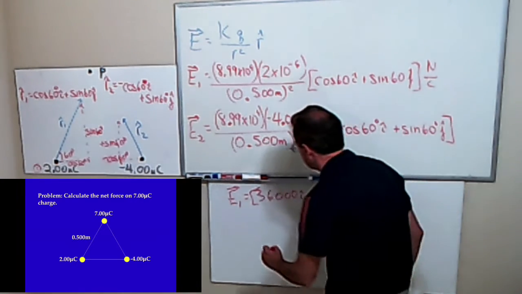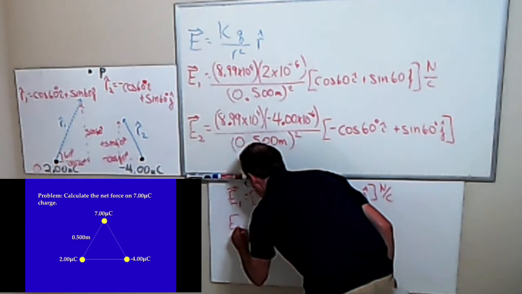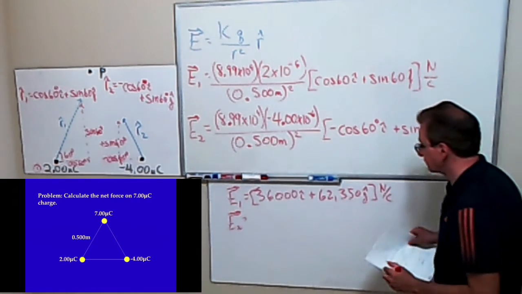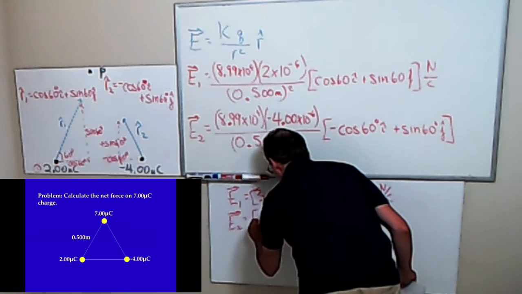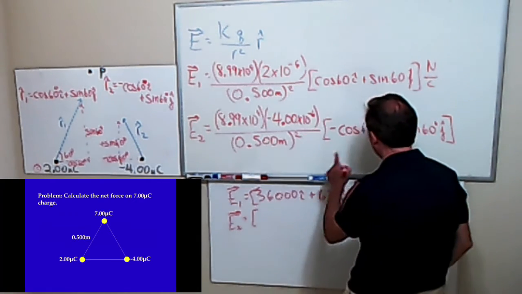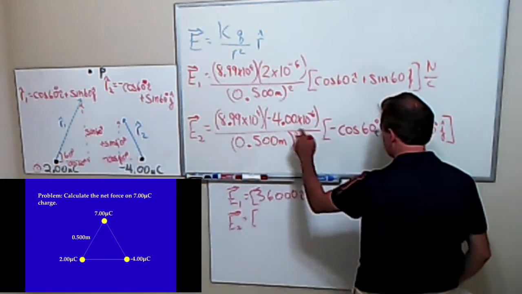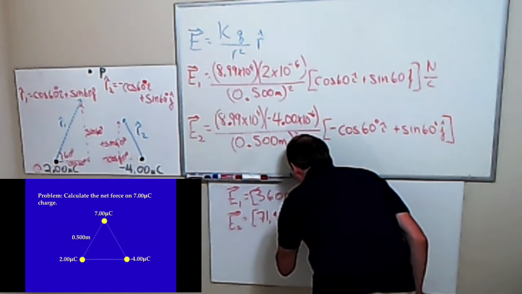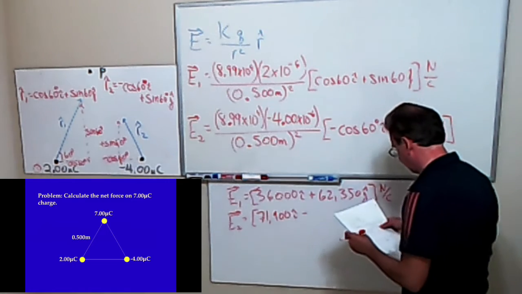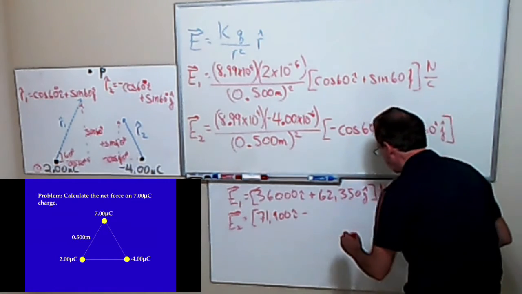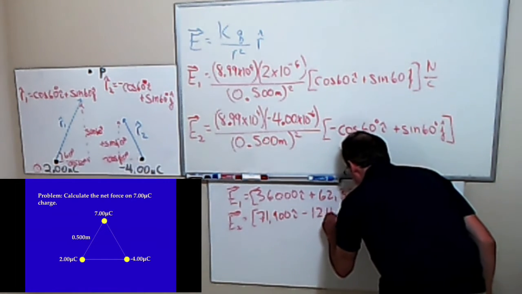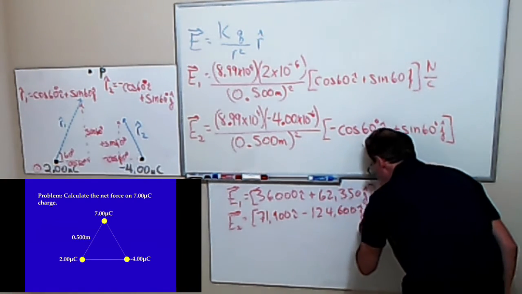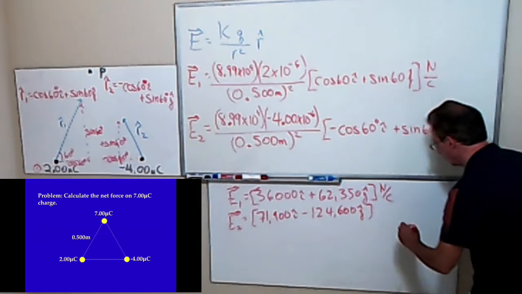And then E2, you'll get minus 71,900 I hat minus 124,600 J hat newtons per coulomb.